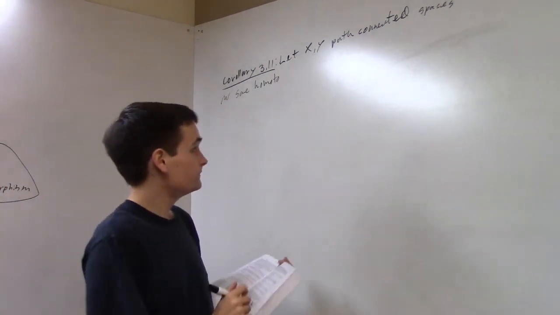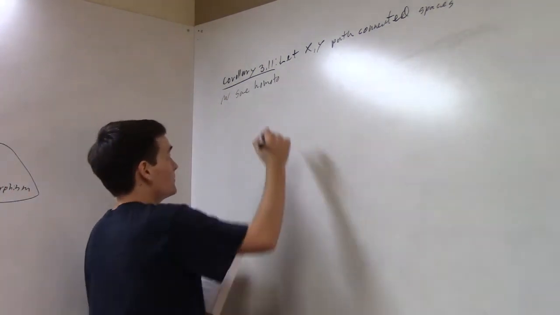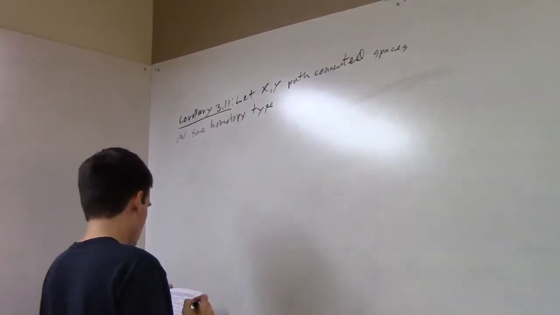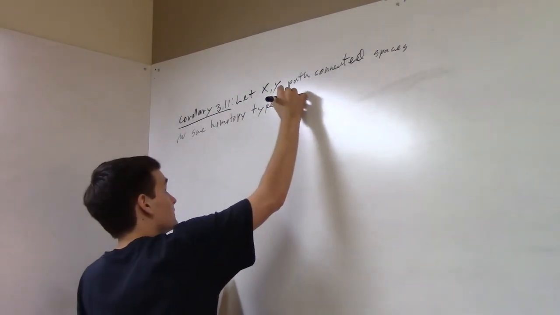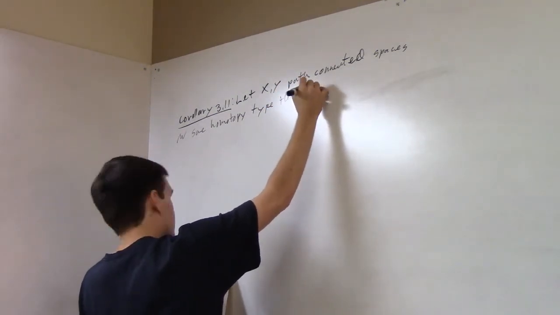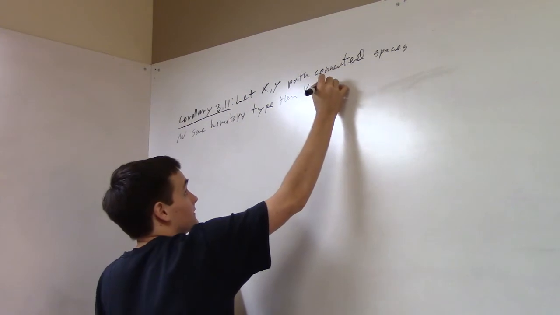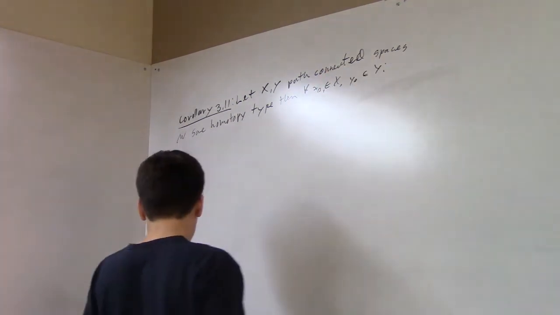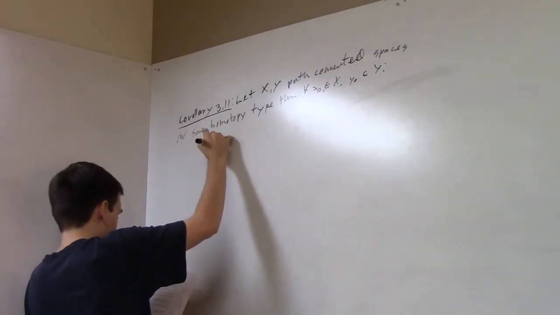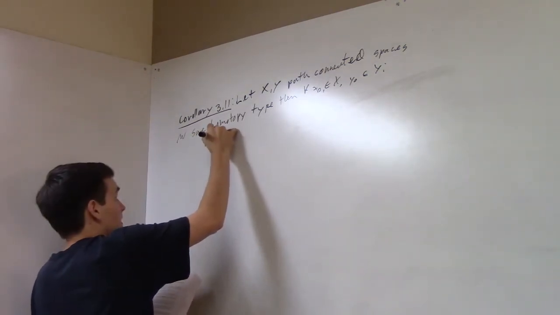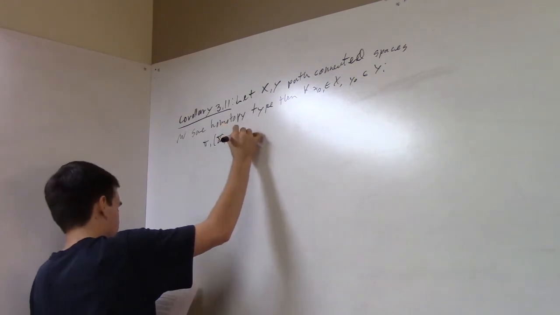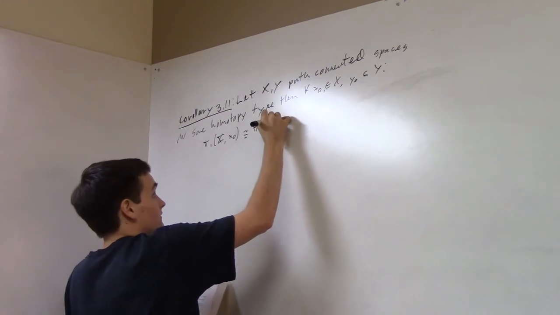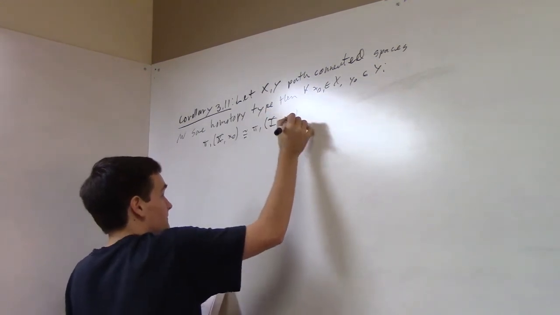Okay. So, same homotopy type. Then for all x naught in X, y naught in Y, we have pi 1 of X comma x naught isomorphic to pi 1 of Y comma y naught.